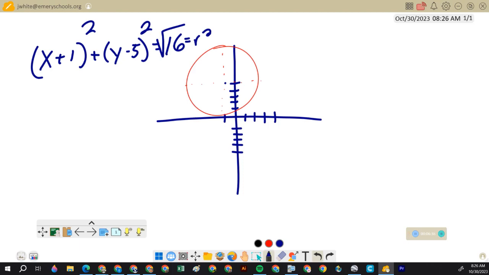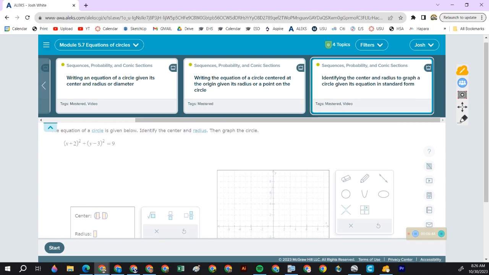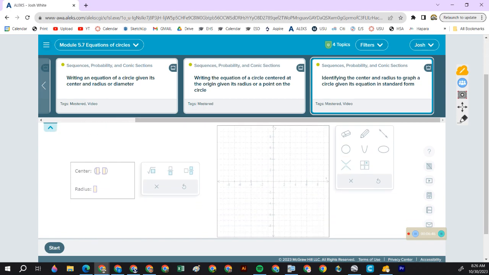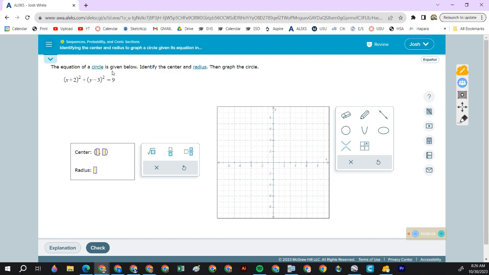Okay? All right, let's take a look at your assignment. All right. I'll probably have to do this from my computer. So where is this circle?